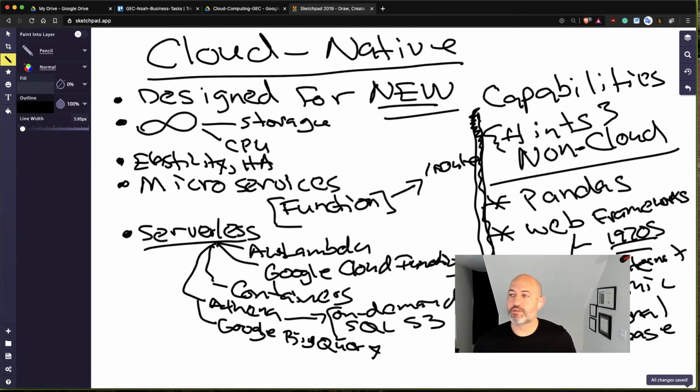If the people designing the technology were designing it in an era where there was no internet and only physical data centers, or even some of these technologies were designed without the concept of a data center, just designed to work with a physical server, then these capabilities are going to be very limiting.